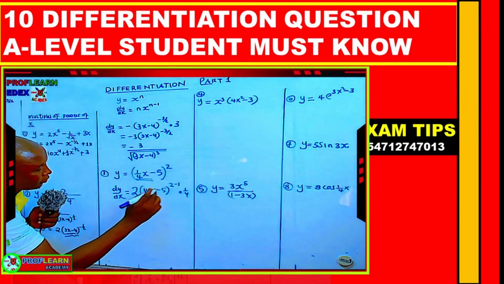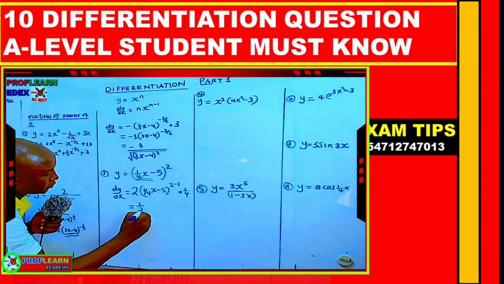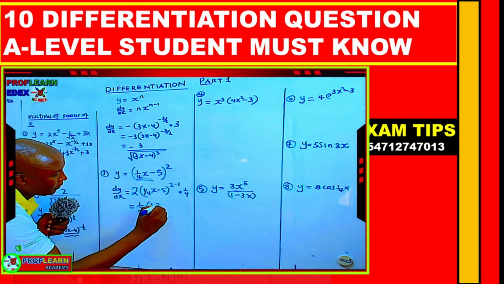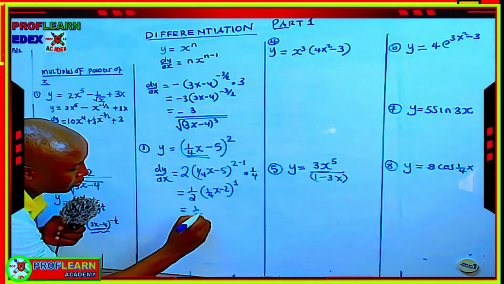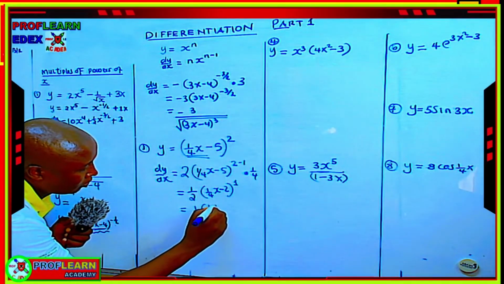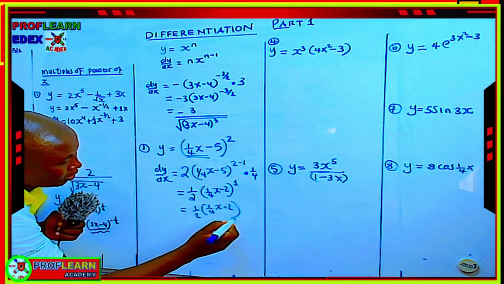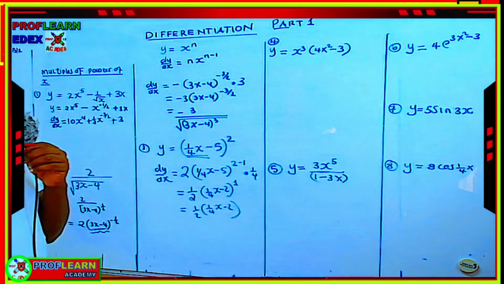And this is 1/4 times 2, which is going to be 1/2 here, into (1/4 x minus 2) raised to power 1. Basically 1/2 into (1/4 x minus 2). We can leave our answer that way.